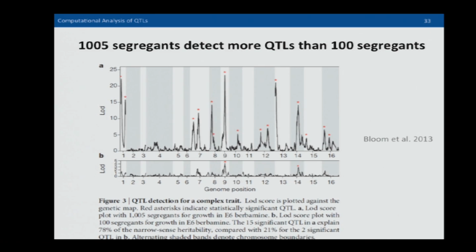The y-axis is log score. And you can see the locations in the genome where we have found places that were associated with growth rate in that particular chemical.